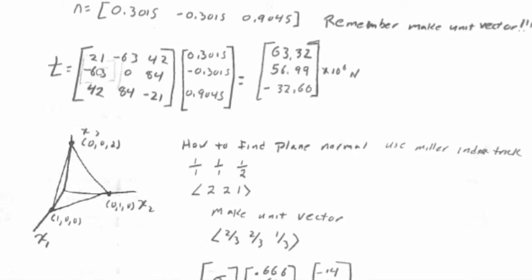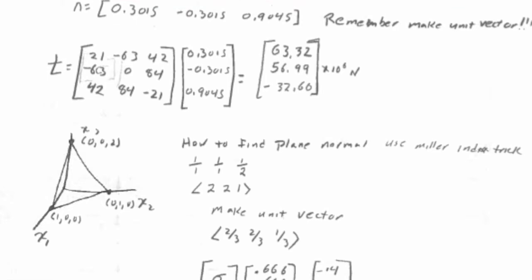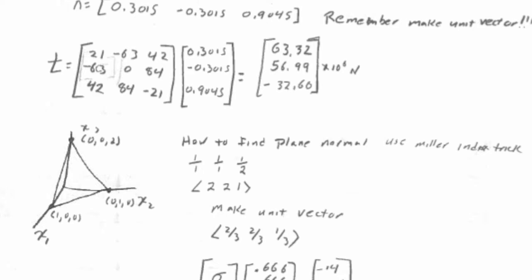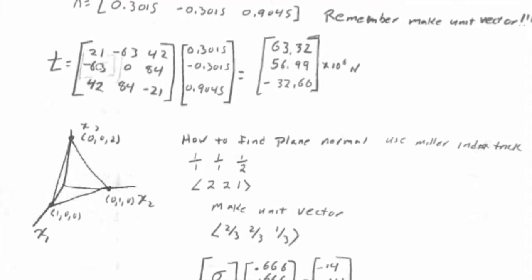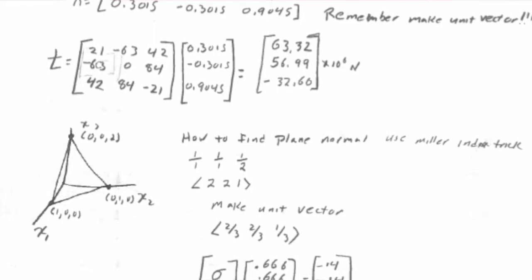So if we have this axis, I have 1, 1, 2. So this is point 1, 0, 0. This is point 0, 1, 0. This is point 0, 0, 2.